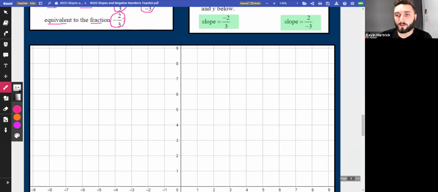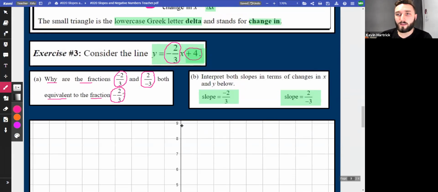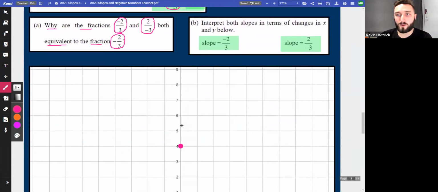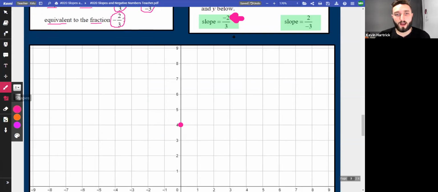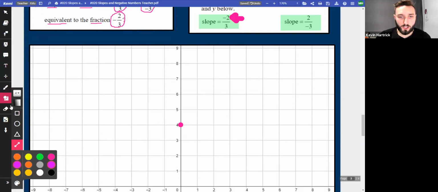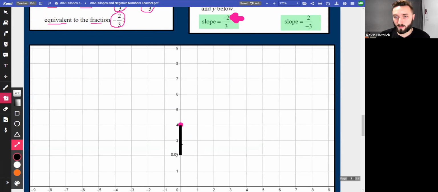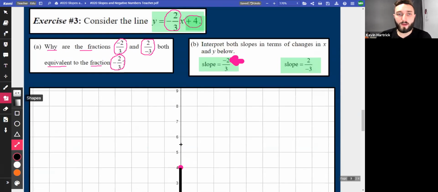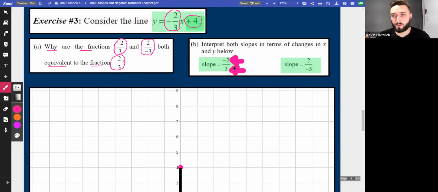Okay, so again, I'm starting on the y-axis. There's my y-intercept at positive 4. Now my roadmap tells me, this number tells me I'm going down 2. So I'm going to come here to my shapes, and I'm going to go down 2, and then the bottom number is telling me I'm going right 3.